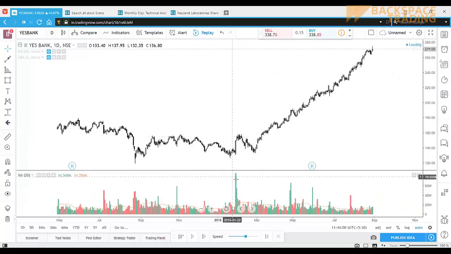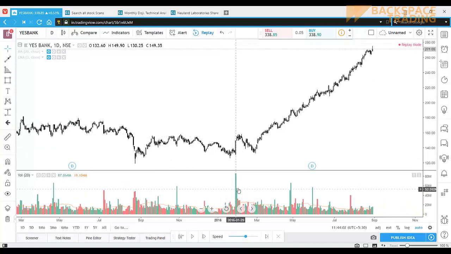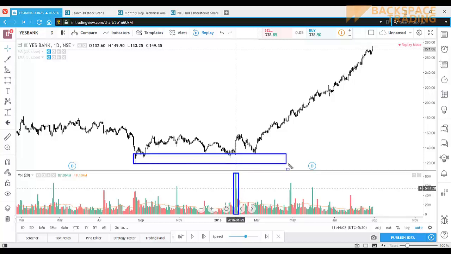you see this big spike over here in the volume part. What does it represent? We are on a support, and you see a big spike over here. What do you think this is? What is the price? Around 140 to 120 zones. Do you think this is some big investors buying it?